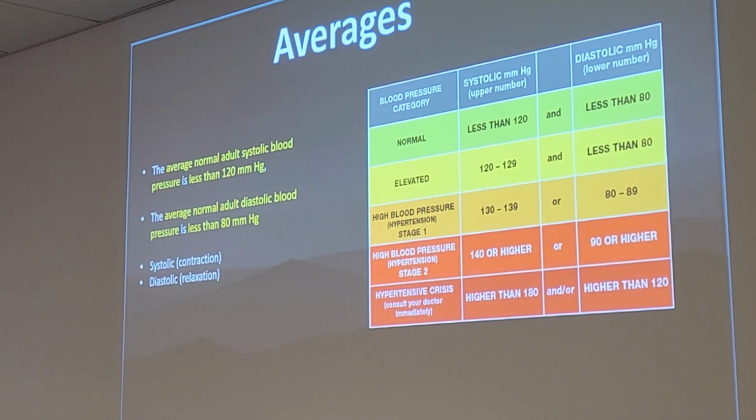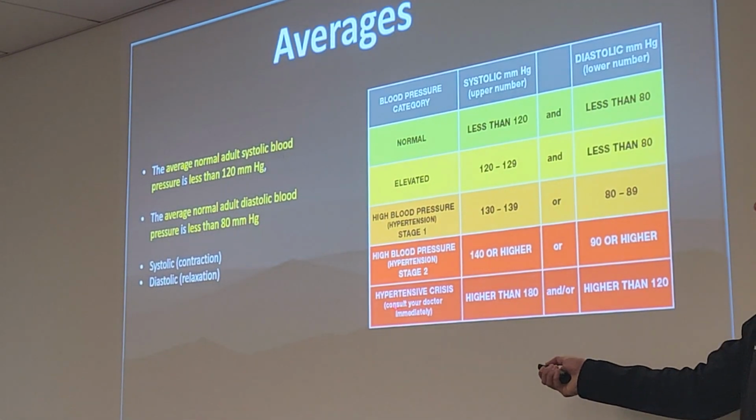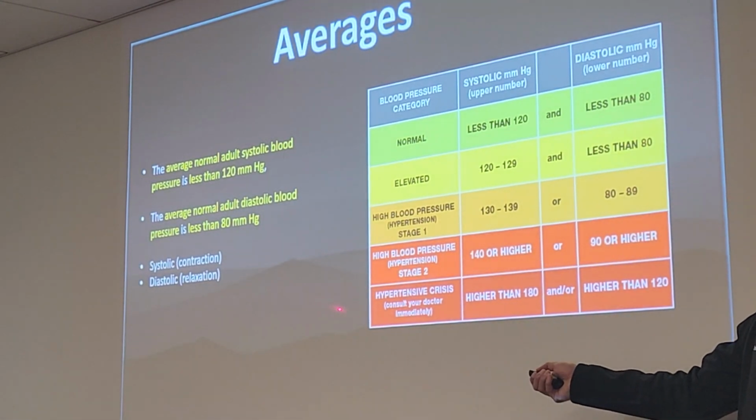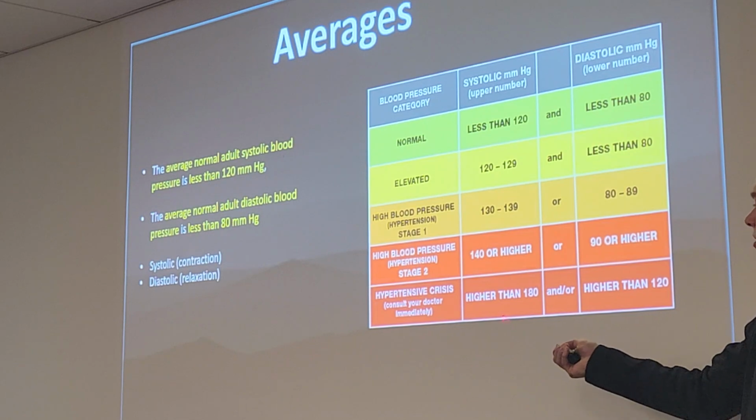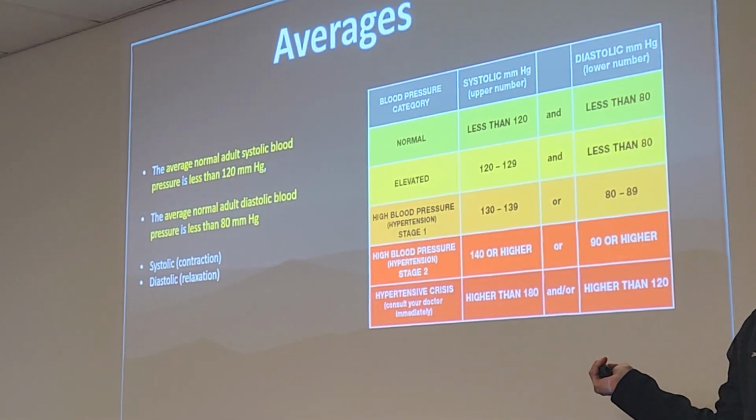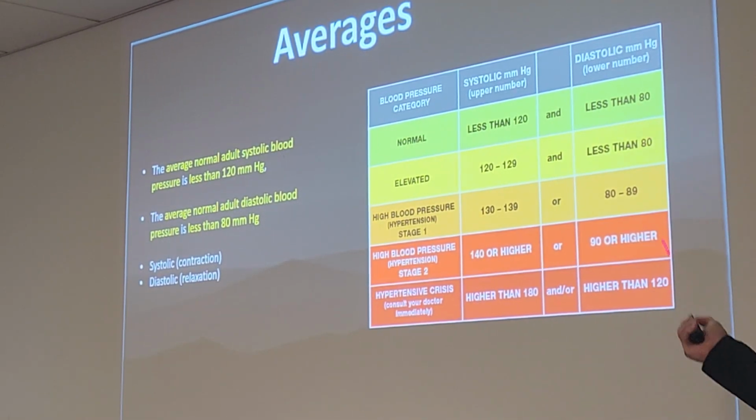Very subtle differences, by the way. Not a lot of variance as we go through each of these. More advanced hypertension, or stage 2 hypertension, is 140 or higher or 90 or higher. And then hypertensive crisis, and you better get to the hospital, is higher than 180 and higher than 120. Really great chart to reference right there, guys.